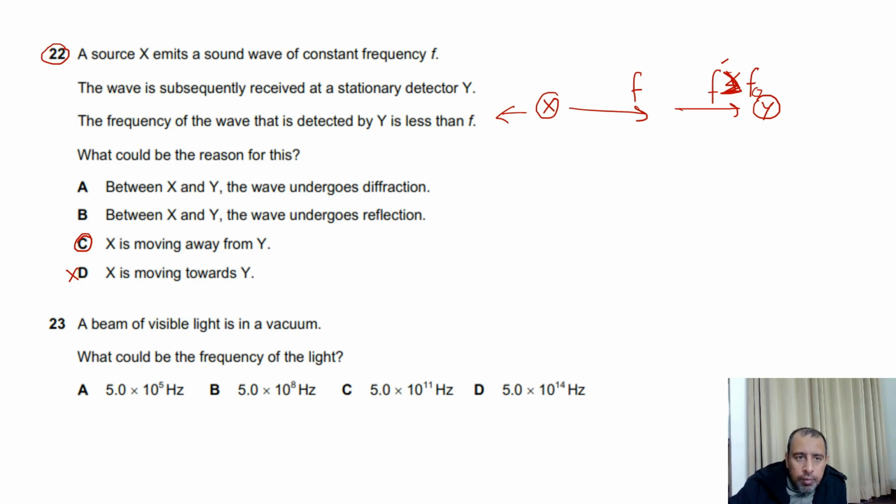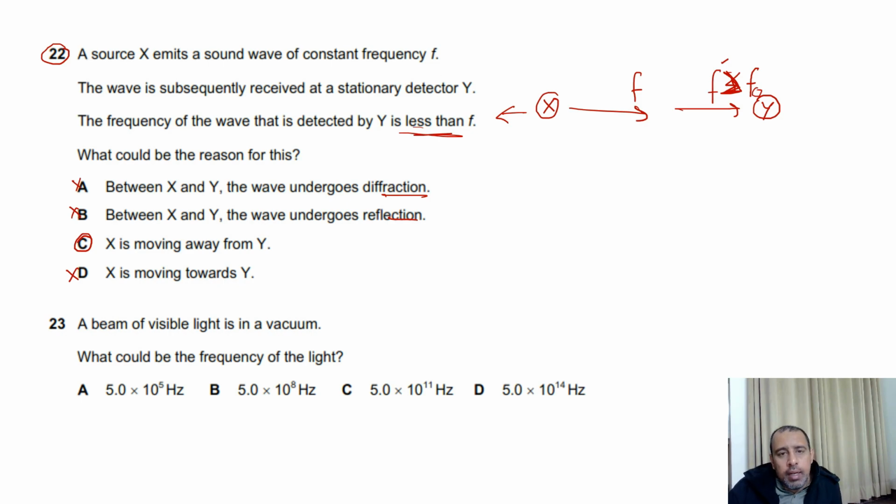Look at here. The frequency of the wave that is detected by Y is less than the original frequency. It means X and Y are moving away from each other. This is the correct one. There is no diffraction. That's why these are wrong. This question was from the Doppler's effect.